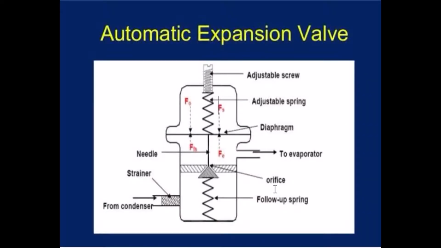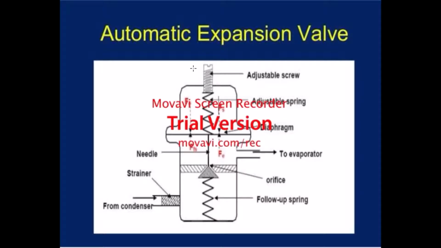Okay, this figure will show the condition of input and output. So which one is the input? This one is input. Yes, this one is input. What input? Refrigerant input. And then this one is the output.